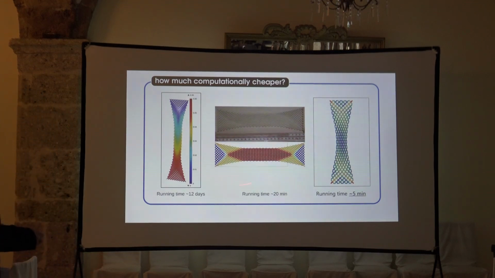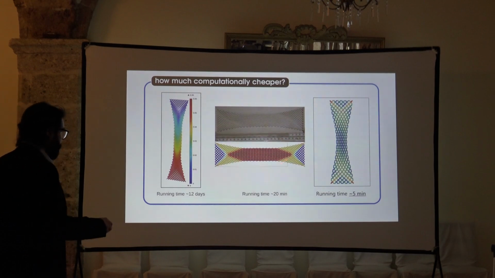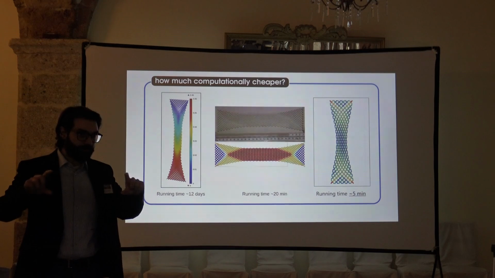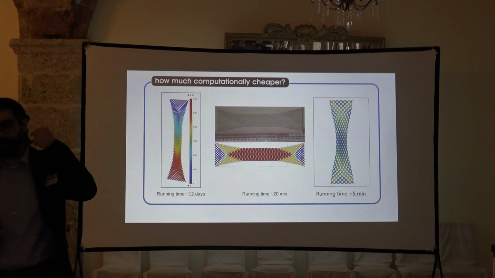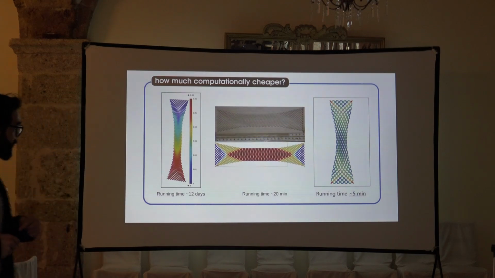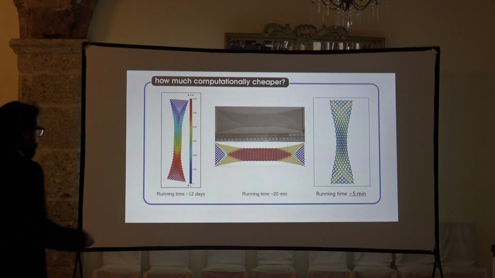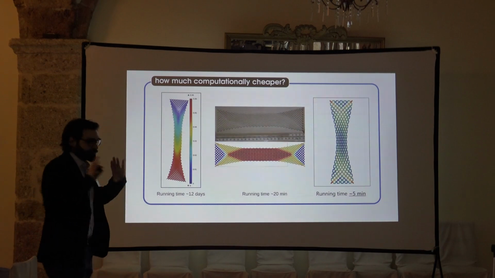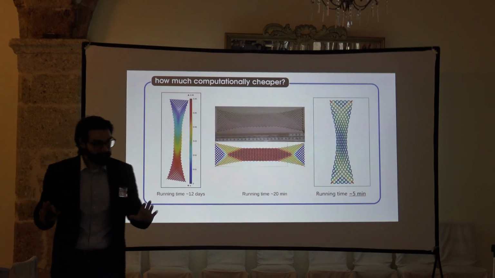Using instead second gradient continuum mechanics, they simulate one continuum of second gradient and then reconstruct the structure. In this way they obtain this really detailed simulation in about 20 minutes. A huge improvement.